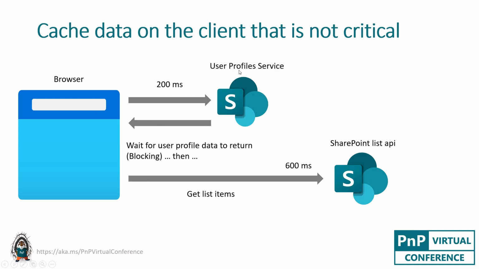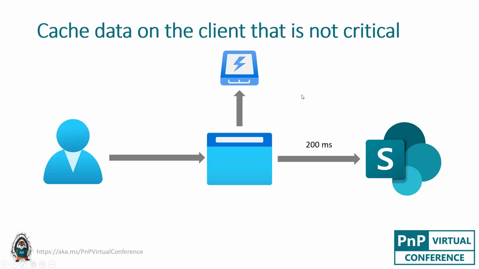For that time of 200 or 300 milliseconds, we cannot do anything because we are waiting to get the user data. And that means that we are delaying the content by an additional 200 milliseconds. To avoid that, we can use the browser cache. So how does it work? Browser has some storage mechanisms, and the first time the user accesses the page, we will have to take the 200 milliseconds delay to get the user profile data.